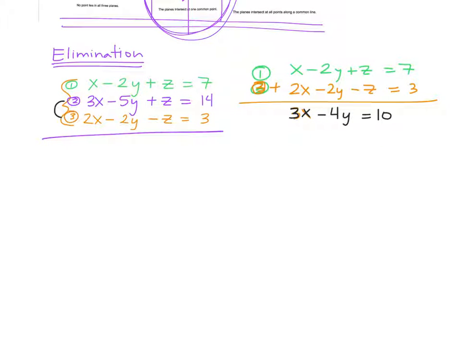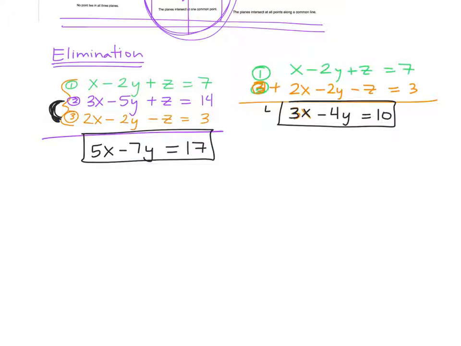They're already right on top of each other, so I'm just going to use those. So this one, 2 and 3 together, right? We're doing this. You would do 3x plus 2x is 5x. Negative 5y minus 2y, or plus a negative 2y, is a negative 7y. Our z's cancel, and we get 17. Okay, so now we have these two equations. We'll call this equation 4 and equation 5.